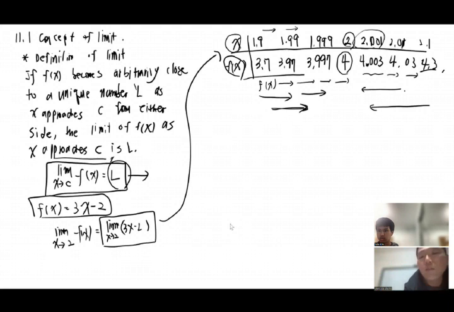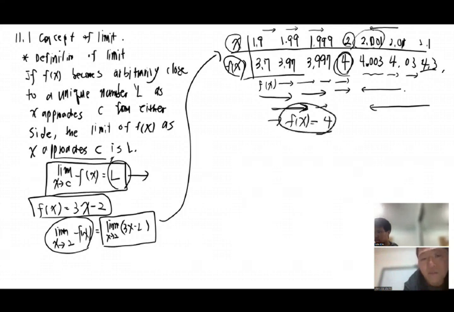So with the limit case of x at the number 2, f(x) becomes number 4 based on this given function.